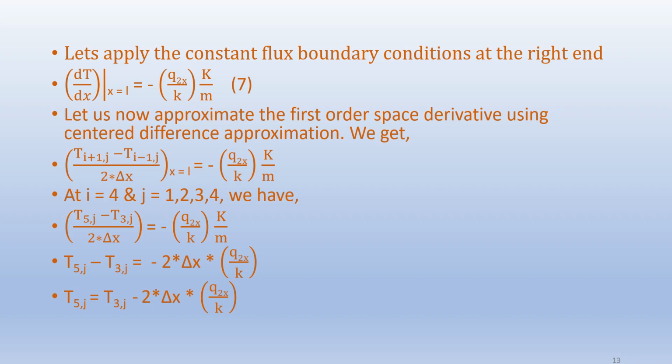Similarly, at the right hand side, we can get the following equation: T_5j = T_3j - 2Δx q_2x/k. Here T_5j represents the hypothetical nodes just outside the boundary at the right hand side.